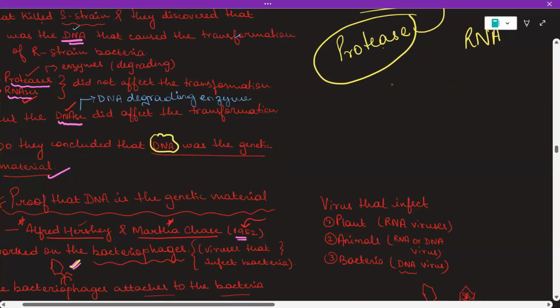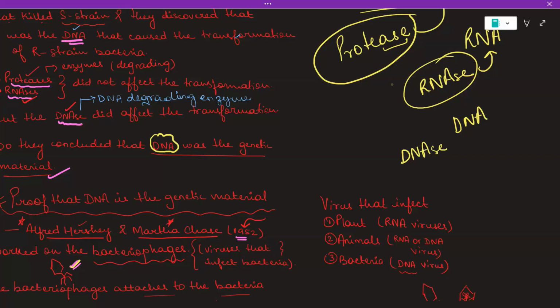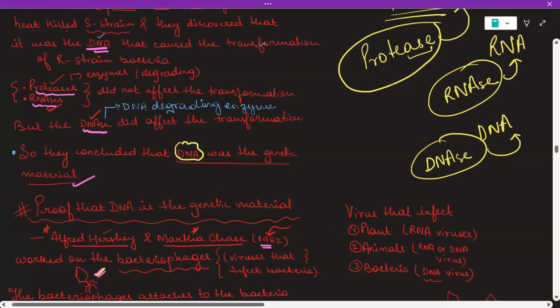Any word that is followed by ase as the suffix means degrading. So RNase is an enzyme that will degrade the RNA. Same way, the DNA will be degraded by the enzyme called DNase. So he applied all of these enzymes to see which of the material got degraded and which was being sent. Clear? Yes, ma'am.